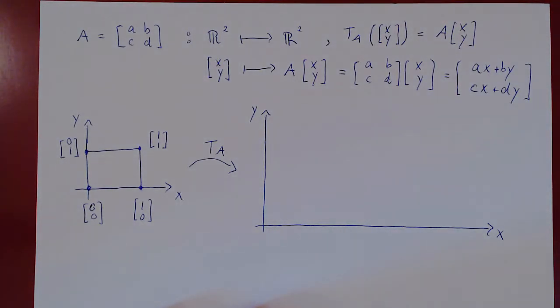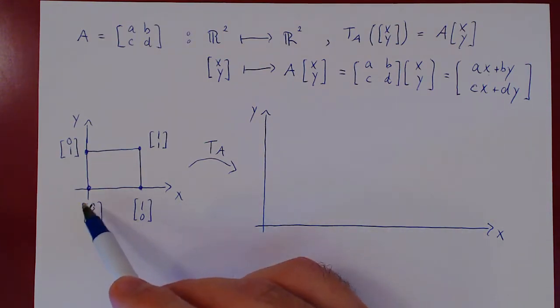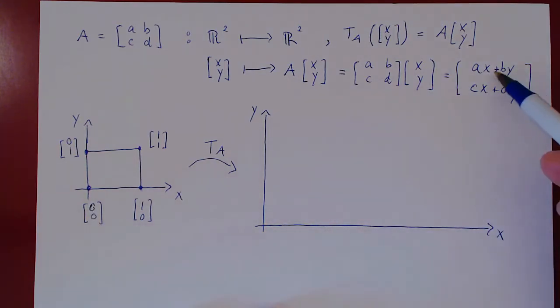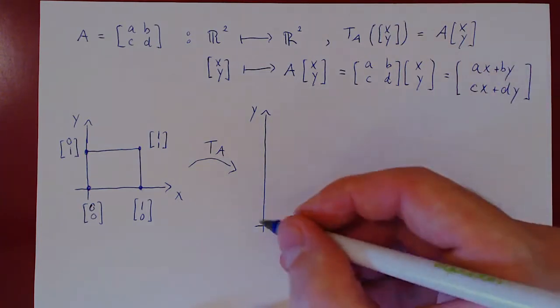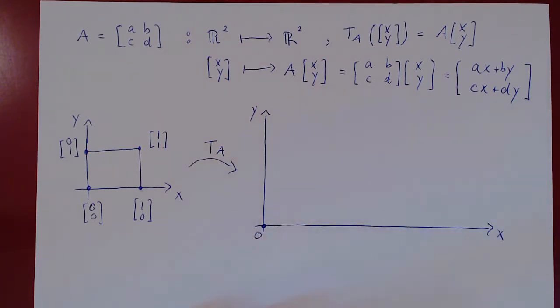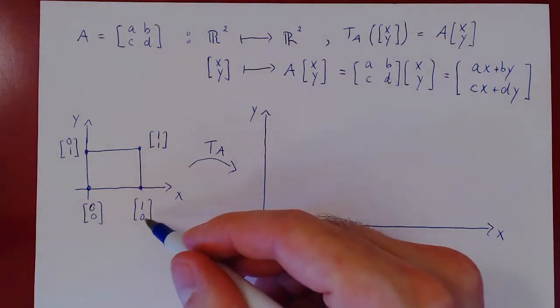Now, something we'll prove later on is that if you multiply the points on a line by a matrix, the image will also be a line. So let's multiply this point by A. So x and y are both 0. Look at the end result. Replace x and y by 0. You get the point (0, 0). So the origin is sent to the origin. That doesn't move. Look at the point (1, 0).